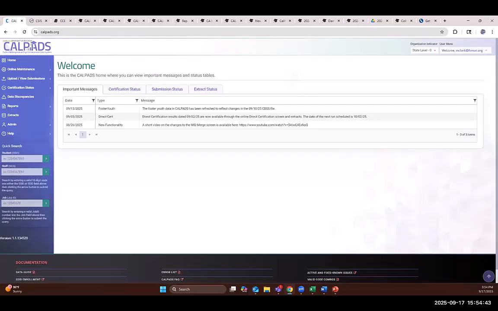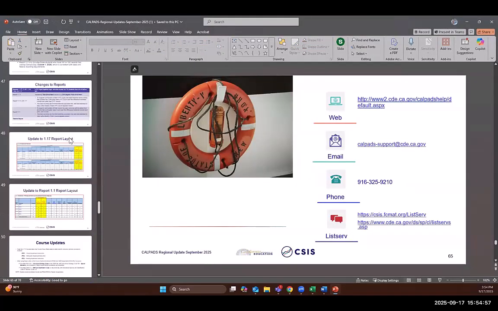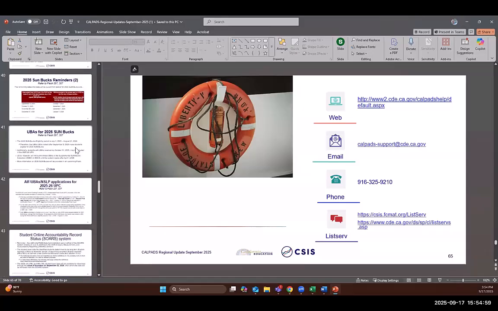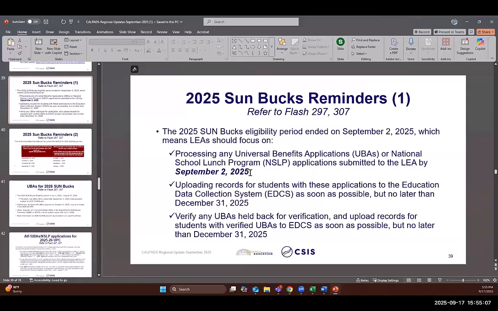Okay, we have the Q1 from Tanya. Is there a specific system where the 3% audit for SunBucks has to be submitted? If so, what was the deadline for the submission? That hasn't come yet. The deadline for the submission to you all was September 2nd, but for audit purposes, you're still going through those.